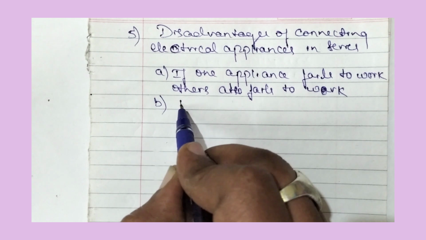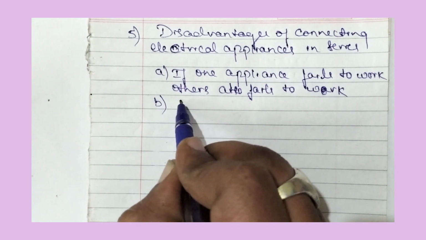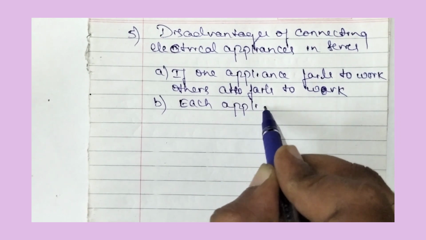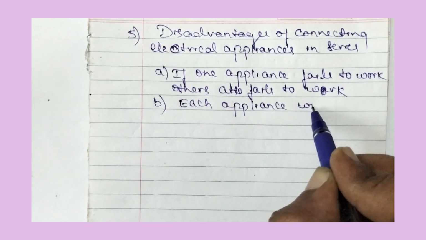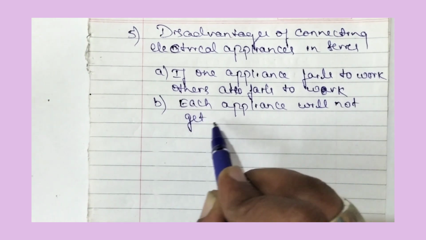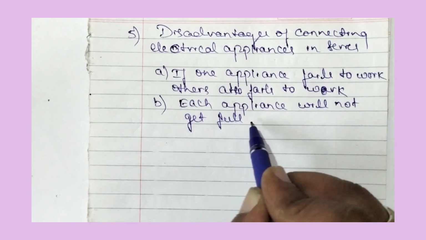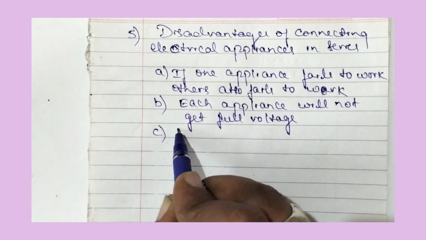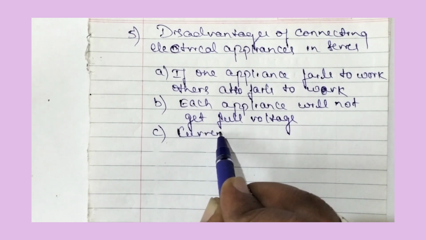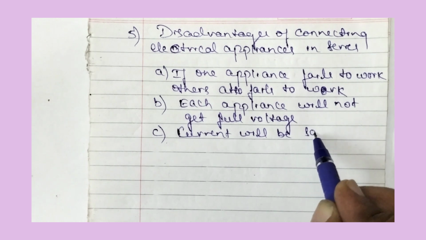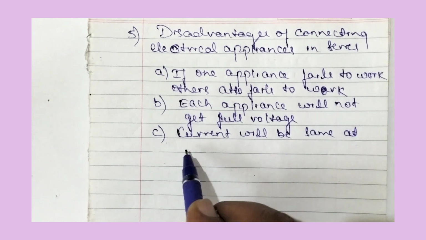Then the second one is, each appliance will not get full voltage. Then the third one is, current will be same at each appliance.